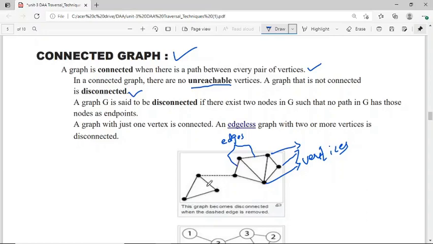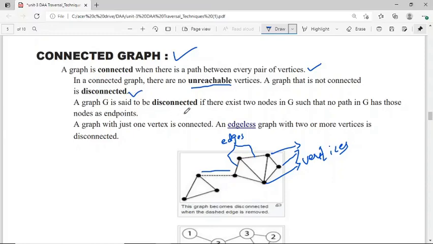This graph and this graph are connected with this line, so now this is a connected graph. No edge is left here. This graph becomes disconnected when the dashed edge is removed.